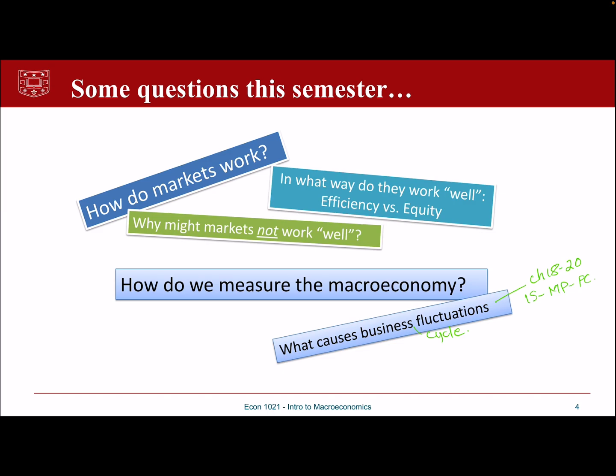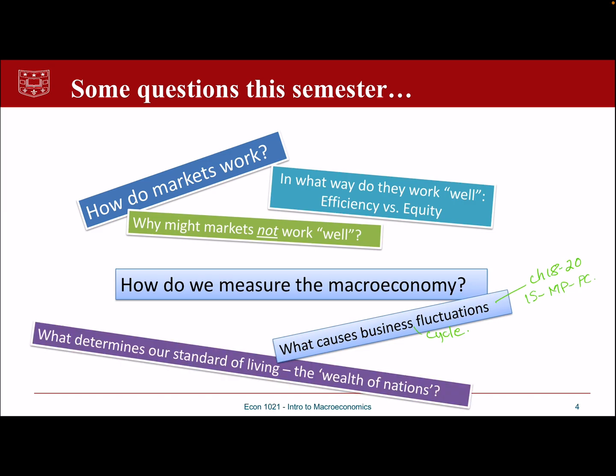In the most recent set of notes, we've talked about what kinds of things determine our standard of living, or in the words of Adam Smith, the wealth of nations. So we talked about the determinants of labor productivity because of that being correlated with per capita real gross domestic product, which itself is a measure of income per person and a proxy for our overall well-being.